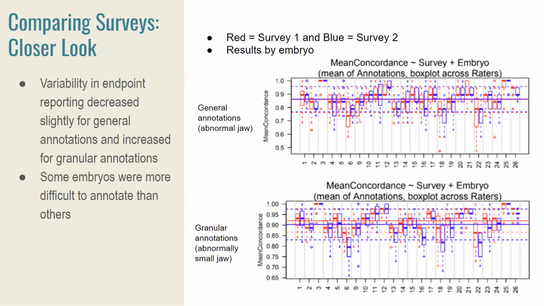The variability in endpoint reporting decreased slightly for general annotations and increased for the granular annotations. Some embryos were more difficult to annotate than others, like for example, embryo 22, which has low concordance in both surveys. So that's interesting.